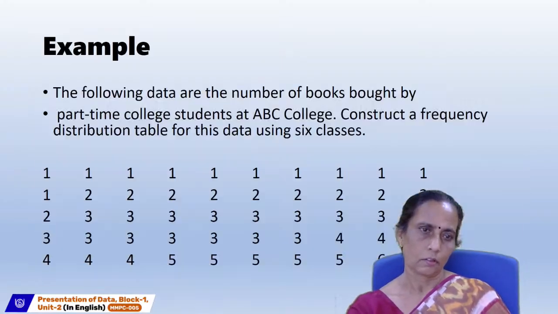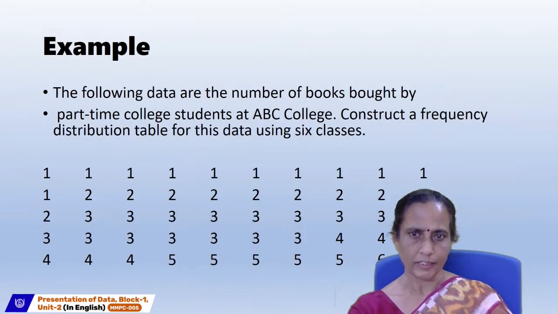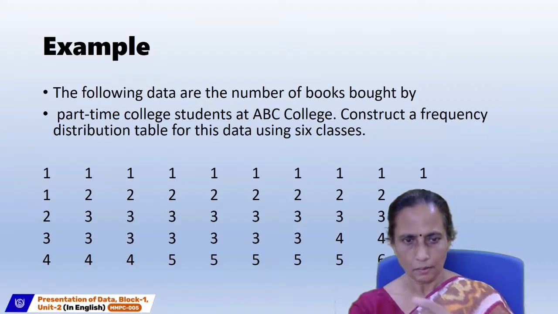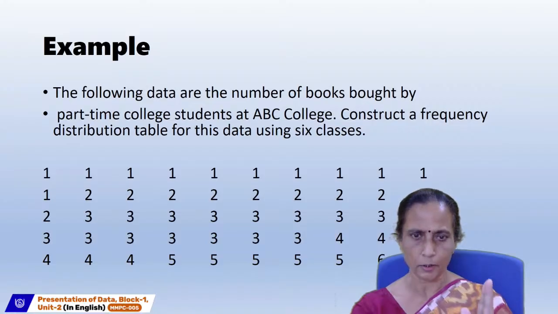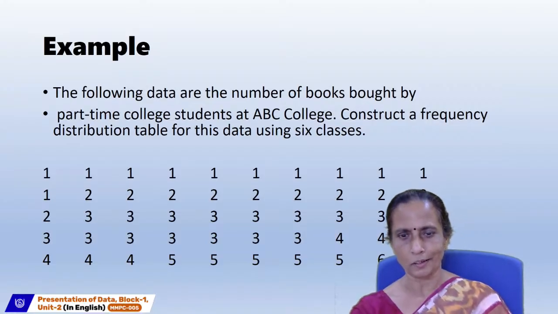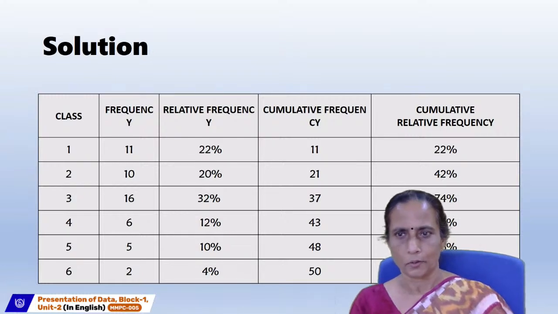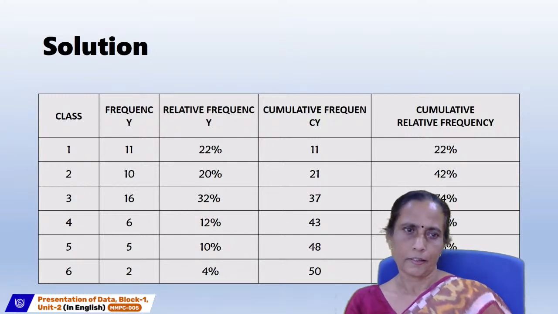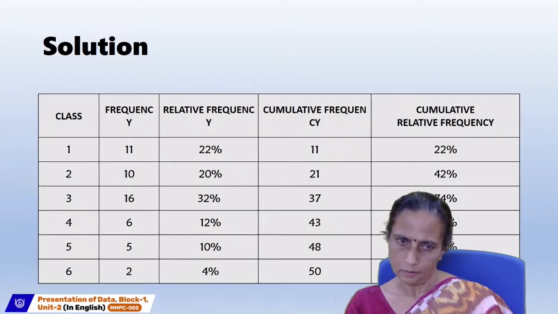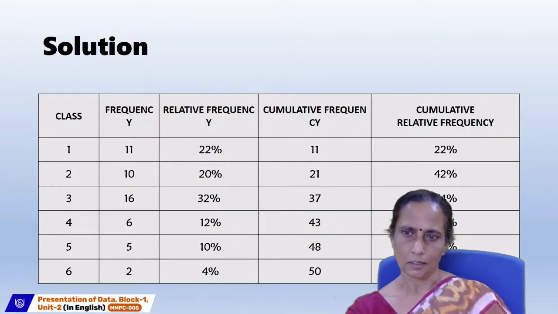Why 6 classes? Because the minimum value is 1 and the maximum value is 6, so everything will be in between 1 and 6. So this is the solution for that. You can work it out.